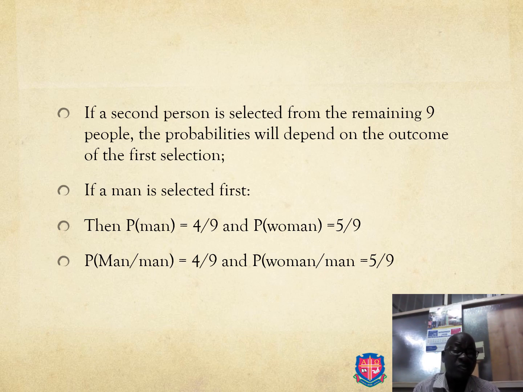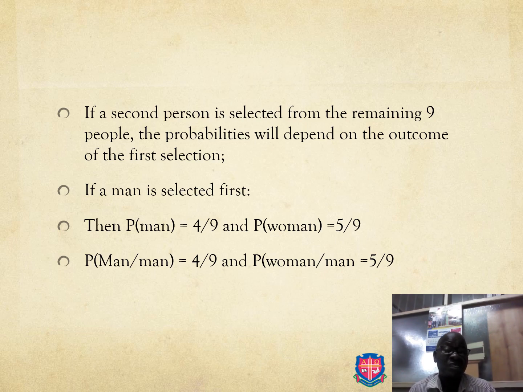Example, if you selected a man first, that means out of the 5 men, there remain 4 men. So in selecting the second man, you will have 4 men out of a total of 9 people.